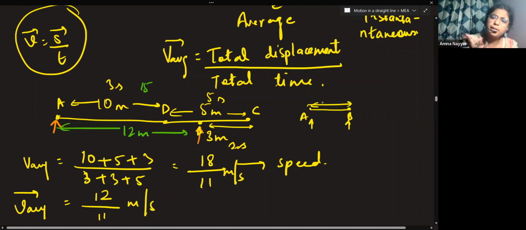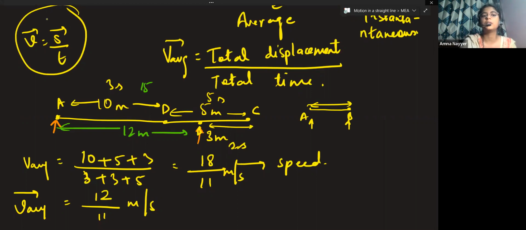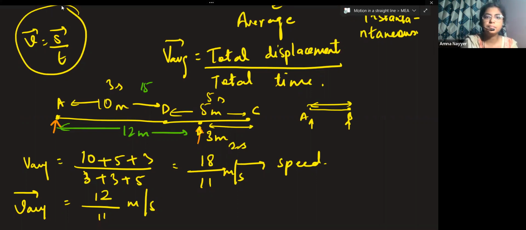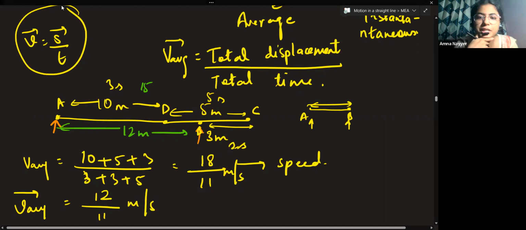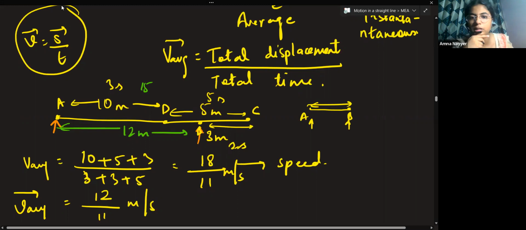So if displacement and distance are the same, then average speed will be equal to average velocity, but otherwise it won't be equal. If the direction is not changing, displacement and distance will be the same, just in case of a straight line, remember. Only 1D. It is not valid for 2D.